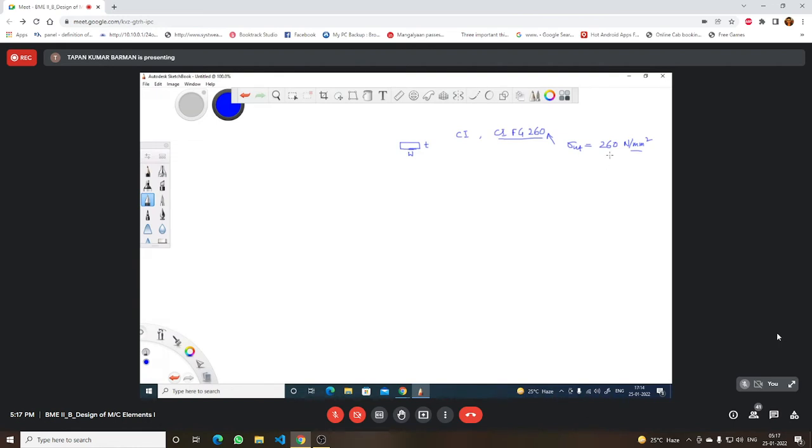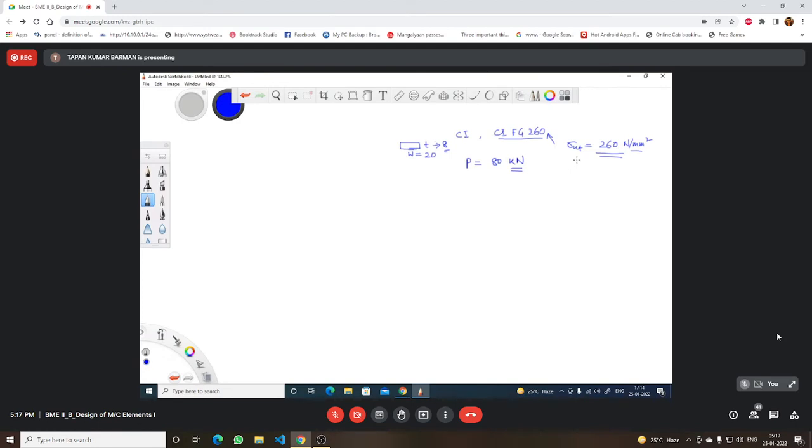So from here, we may get this value sigma ut or tensile strength of the material. Now, this material is subjected to say tensile load, and your load is say 80 kilonewton. Now, W is 20 millimeter, T is say 8 millimeter.